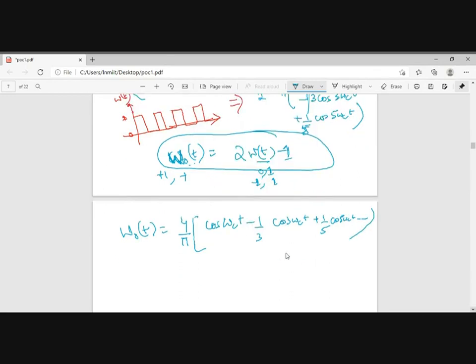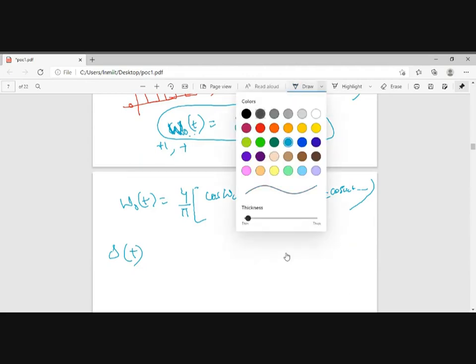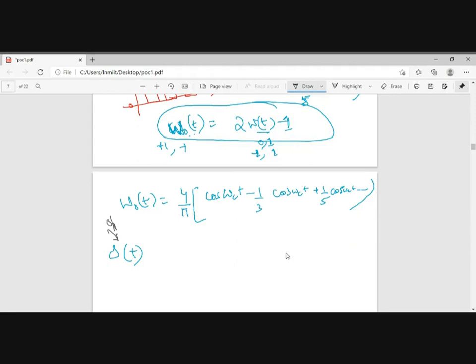Now we have seen that s(t), the output of the transformer, was equal to m(t) into w naught t.